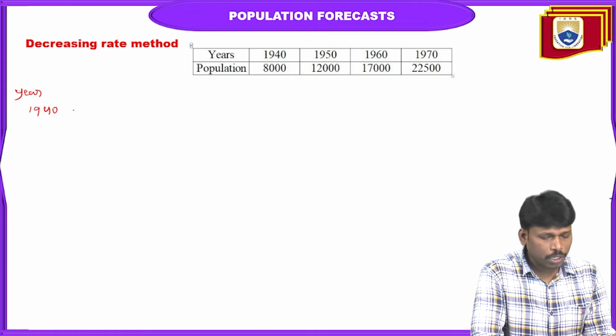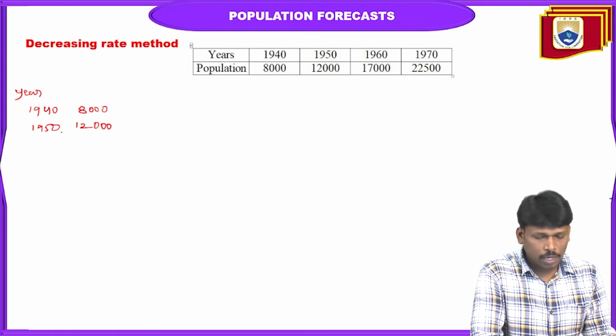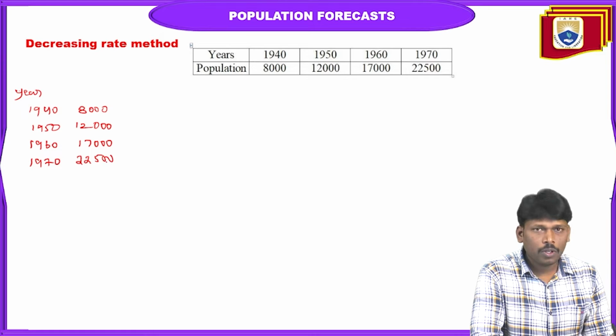With respect to 1940, the population is 8,000. Similarly, if it is 1950, the population is 12,000, and if it is 1960, the population is 17,000. Then in case of 1970, the population is 22,500. So this is our first step.